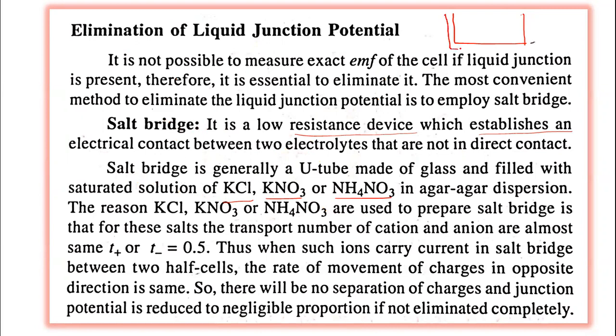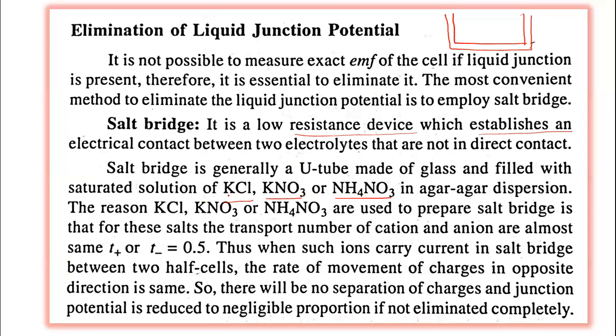In this U-like tube we have to fill the saturated solution of potassium chloride, potassium nitrate or ammonium nitrate in agar-agar dispersion. In agar-agar powder we have to prepare the saturated solution of this salt.